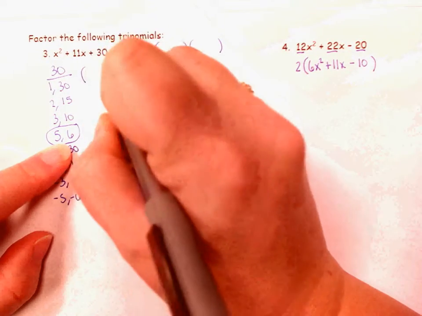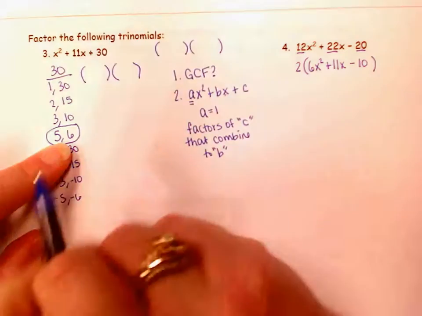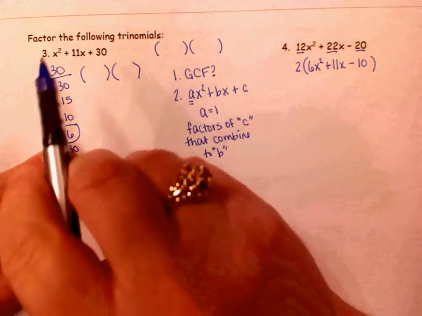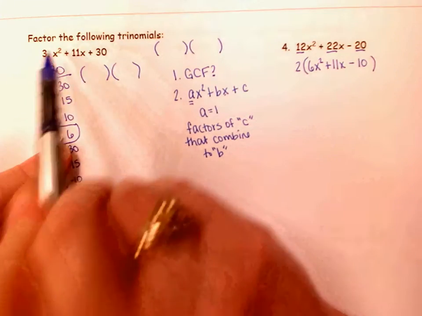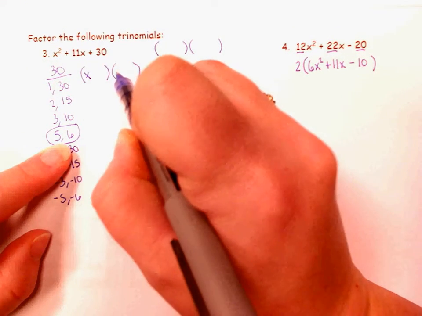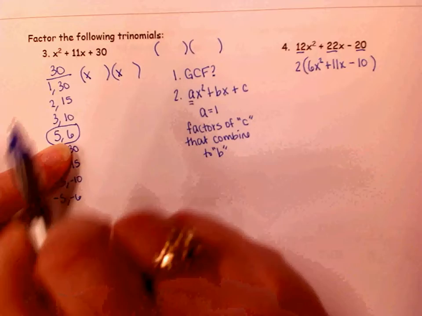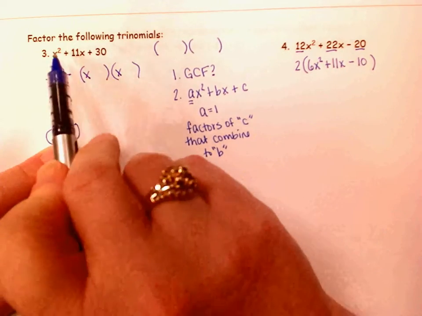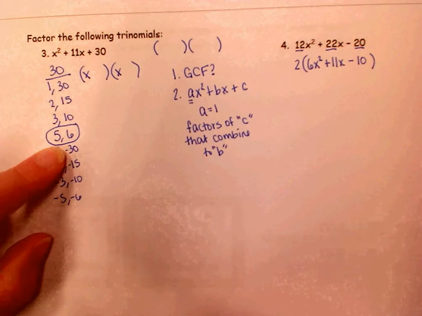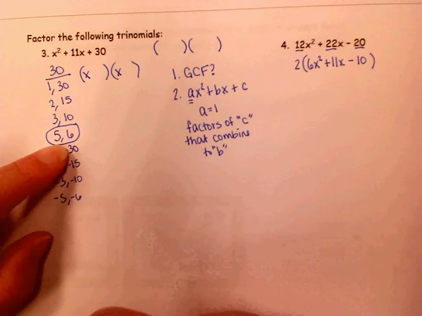Now remember, it's a binomial times a binomial. The first term in each one of these binomials is going to be multiplied together to get an x squared. So the leading term of each one of these binomial factors is going to be an x. X times x is x squared. The 5 and the 6 are the second term in each one of these binomials.